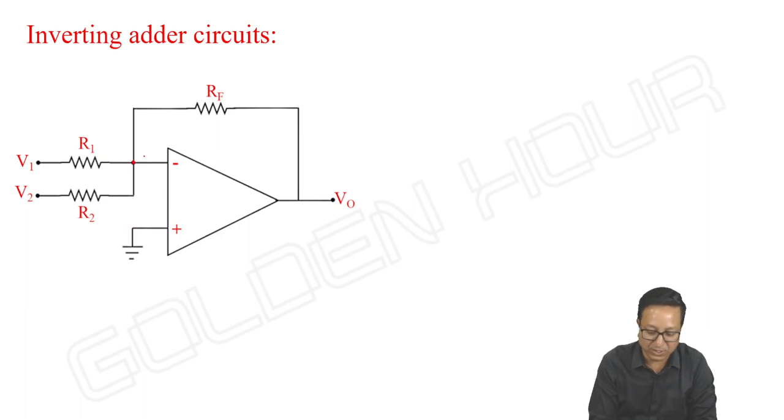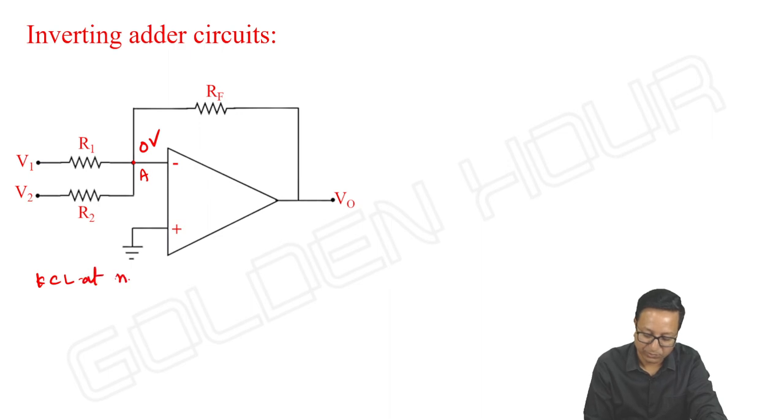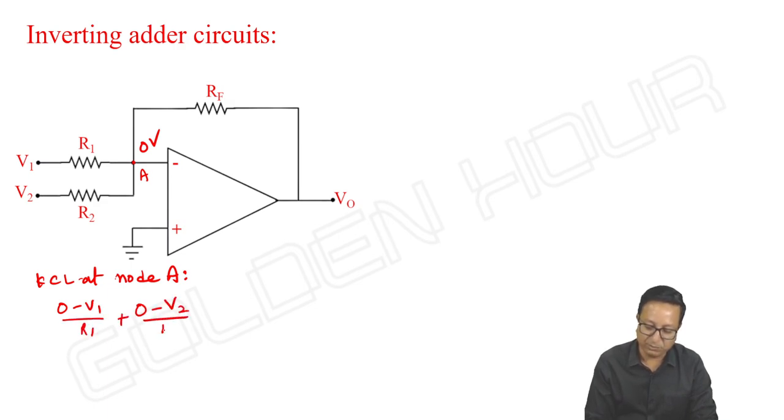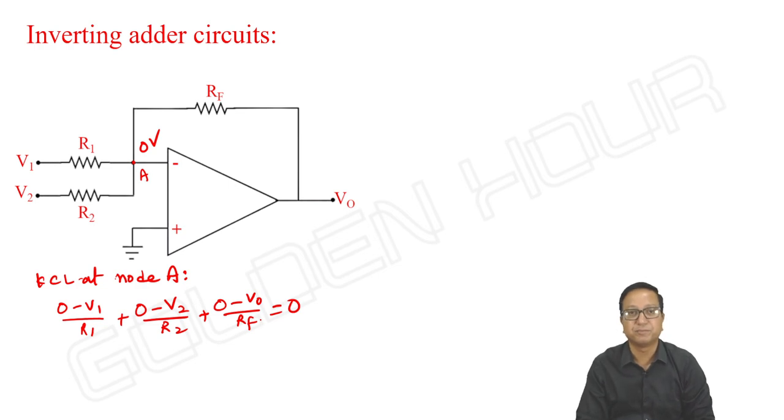See, due to virtual short, it is 0 volts. Then let me take this node equation, KCL at node A. If I take this as node A, then zero minus V1 by R1 plus 0 minus V2 by R2 plus 0 minus V output by RF is equal to 0.